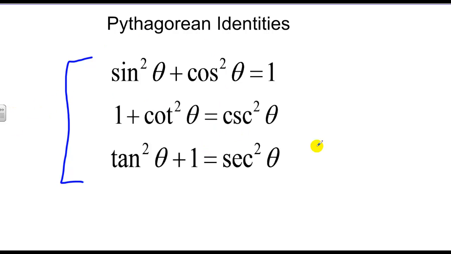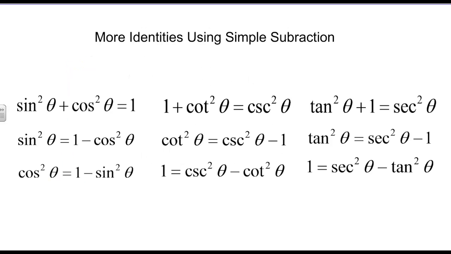Now, again, these can hide themselves within different types of equations. Each of these simple Pythagorean identities could break down into other Pythagorean identities by just doing a subtraction. So if on this first one I subtract off cosine squared, then I have sine squared equals 1 minus cosine squared.